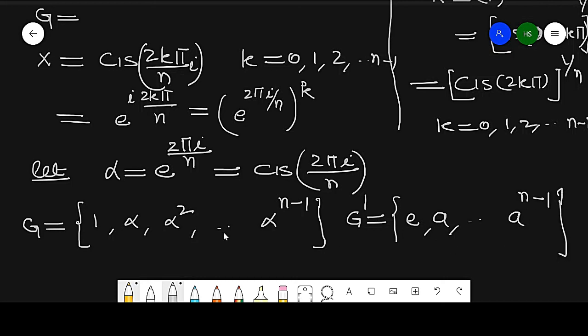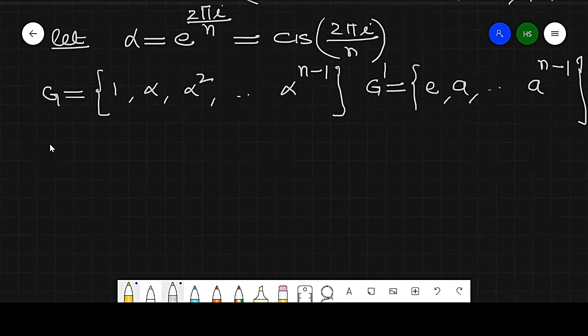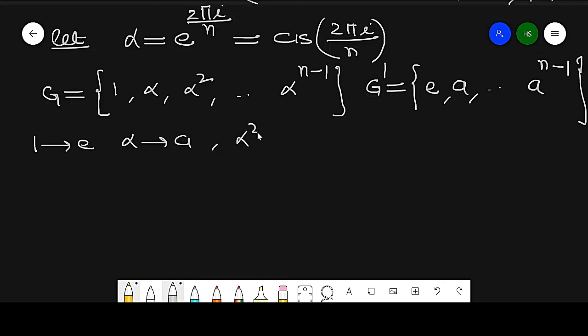Now define a map: 1 goes to e, alpha goes to a, alpha square goes to a square, and alpha raised to power n minus 1 goes to a raised to power n minus 1. So this map will be a homomorphism, one-one and onto.